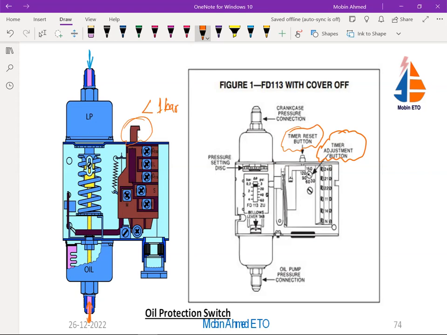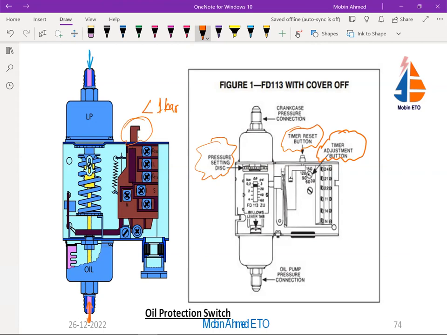So this is the pressure that is going to come, and we are going to set it from here. This is the setting lever. You can see the pressure setting. From here we are going to set something like 1 bar.